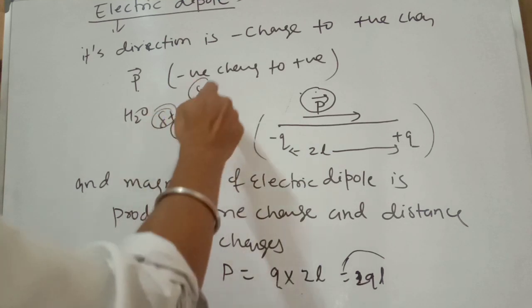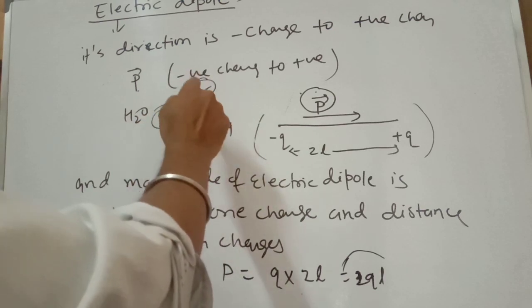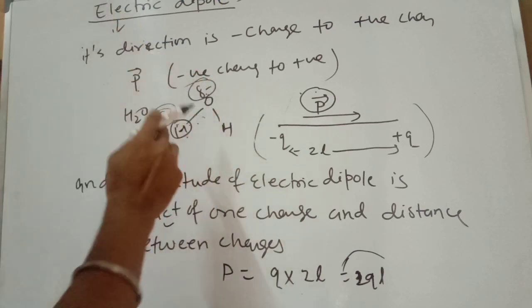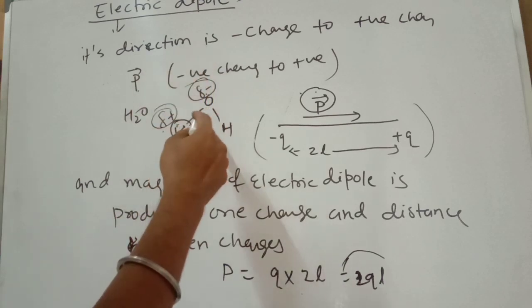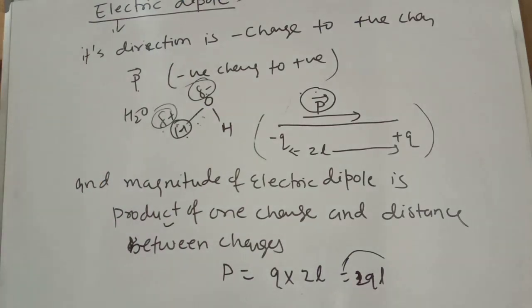Due to the electronegativity difference, there is also an electric dipole moment. So in chemistry and in compounds there is occurrence of electric dipole moment.